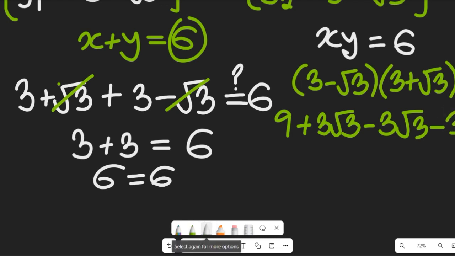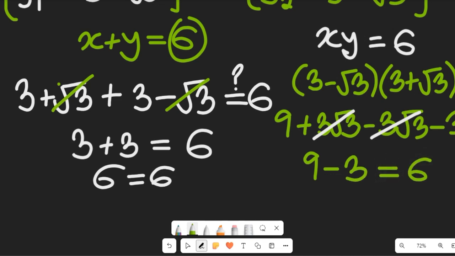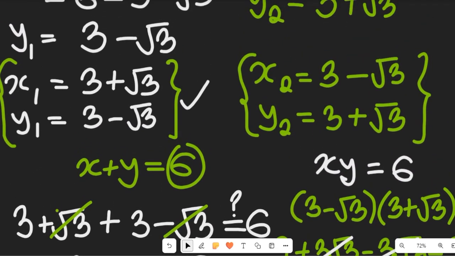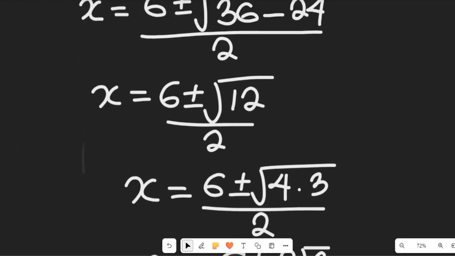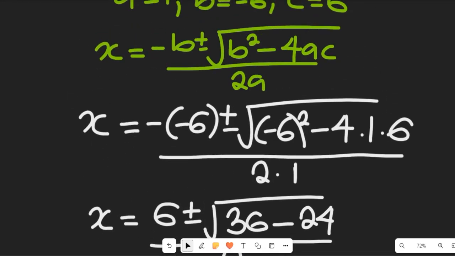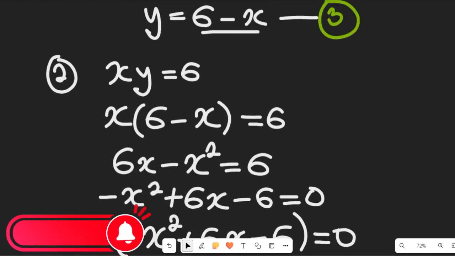So from this expression you see that this will simply cancel this and we'll be left with 9 minus 3. Is it equal to 6? So that is going to give us what? 9 minus 3 is 6. So 6 is equal to 6, and that tells us that this expression is also correct. So you see the two solutions are the right solutions to those expressions that were given to us at the beginning of this class.